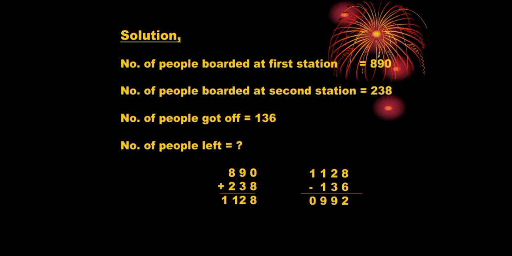So what is the last line of the question, children? How many people are on the train at the second station now? So what will be my final answer? It is 992 people are on the train at the second station now.